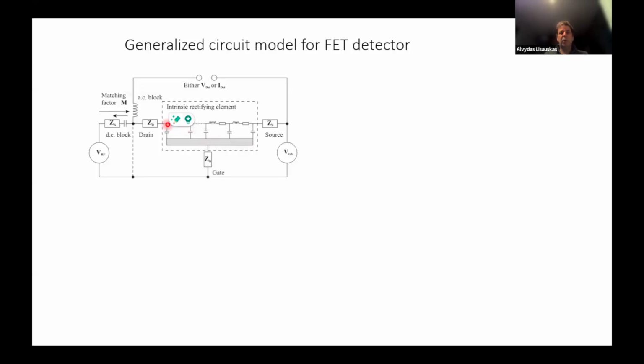In addition, we have all parasitic elements here, and we also have to take an antenna having some impedance. Just for simplicity, I have a DC block here so that we do not let the DC signal get out, and then we measure the created voltage or current difference, depending on what we read.